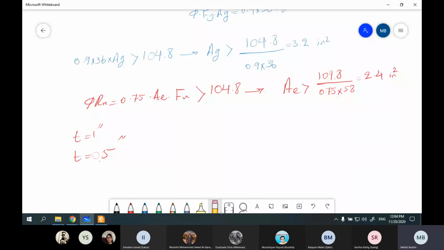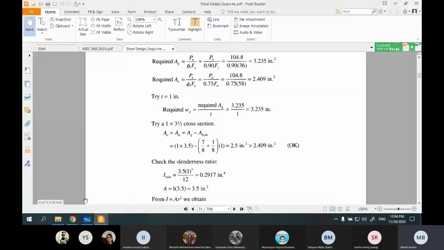For example, the factory says that at the time we just have t equal to 1 inch.